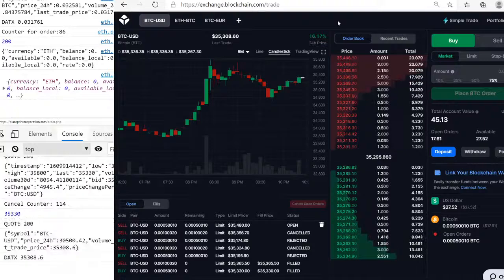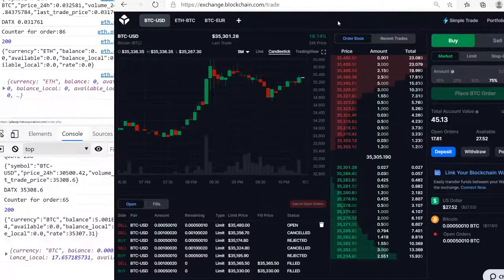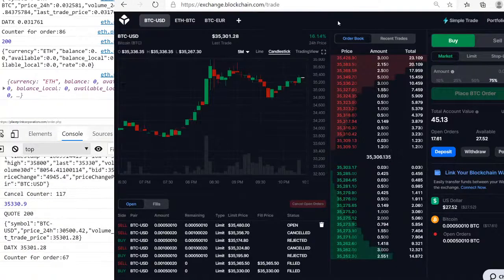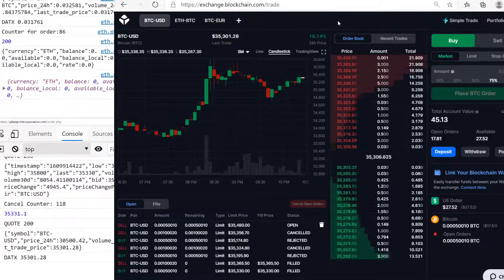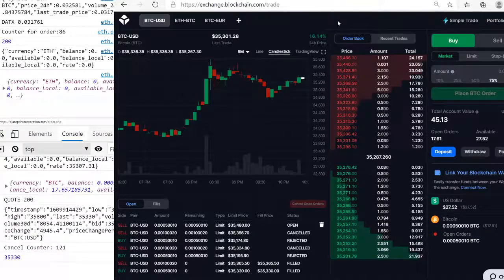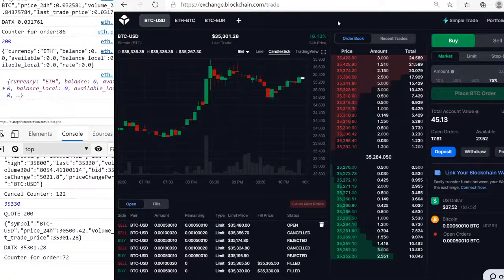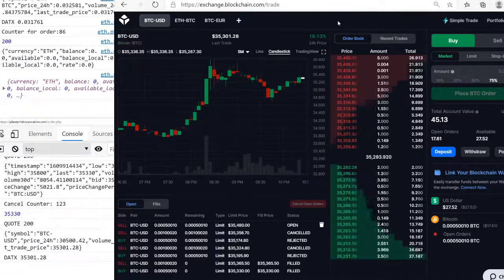We've got a sell order at 35,480, and we could push that out. It's basically going for a $100 tick profit. We could move it out to maybe 200, right? We could do that. Might be a decent idea.